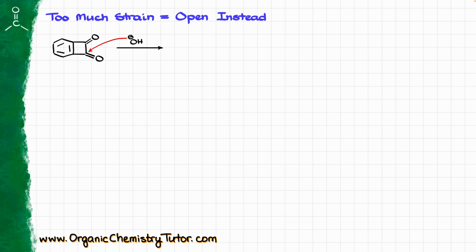I'm going to have my base attacking one of my carbonyls, and considering that the carbonyls on strained rings are very reactive, this particular step is going to be extremely efficient, giving us as a result the familiar tetrahedral intermediate.